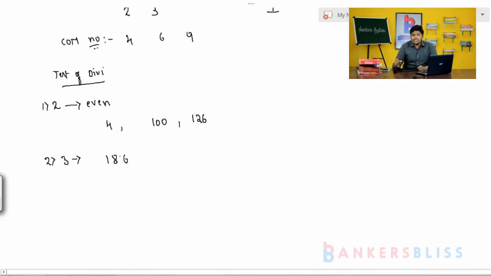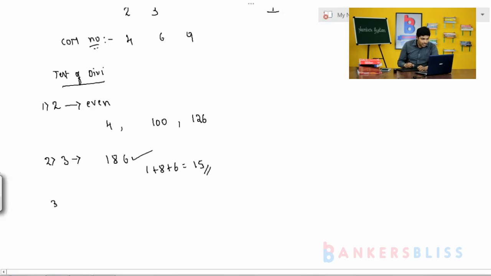See what the rule says. You calculate the sum of the digits, that is 1 plus 8 plus 6. You are going to get 15. Is 15 divisible by 3? Yes, 15 is divisible by 3. Therefore, the given number 186 is divisible by 3.